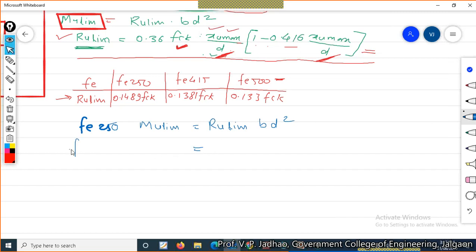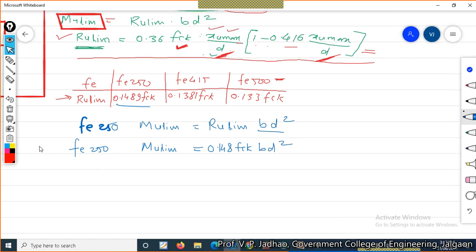Now for Fe 250, this Mu limiting will be equal to Ru limiting, and we have Ru limiting equal to 0.148 into fck, and again we have bd square.